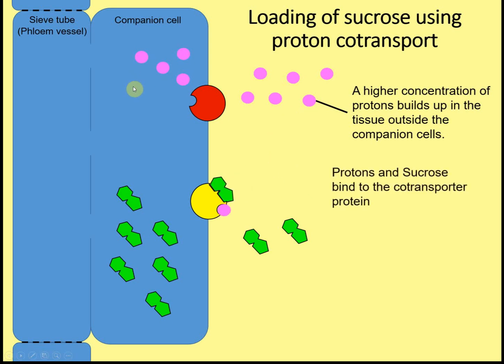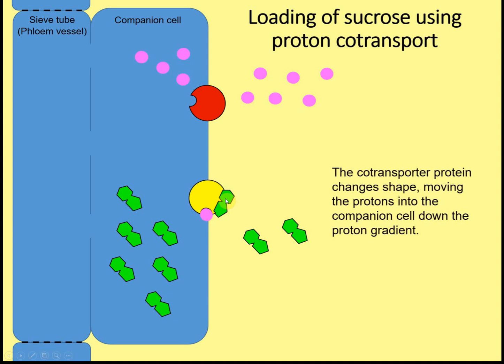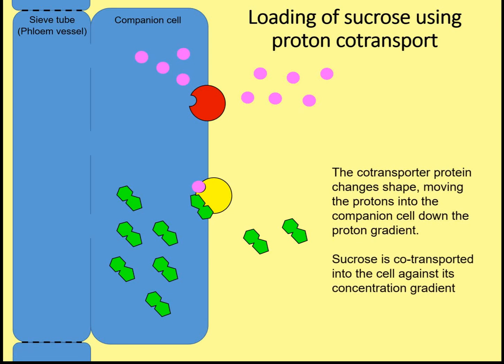The protons and the sucrose can both bind to the co-transporter protein. Now there's a proton gradient for the protons to move into the cell, but the sucrose is actually going to be going against its concentration gradient. So the carrier protein changes shape and carries the sucrose against its concentration gradient and the protons down their concentration gradient into the companion cell.